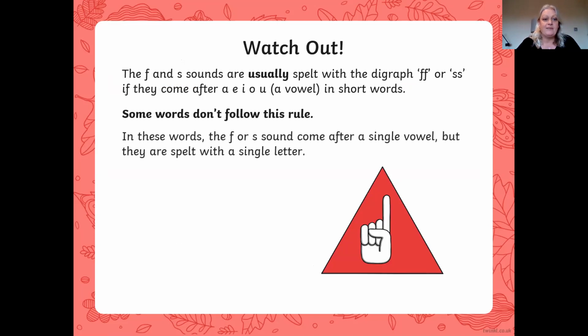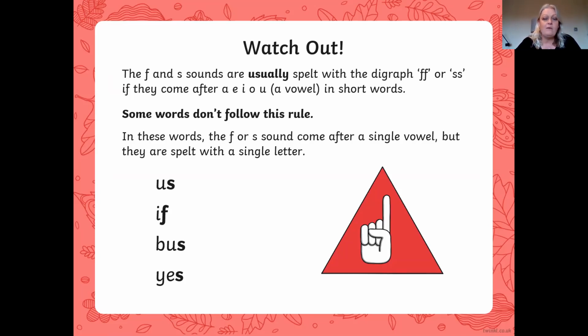Look at these ones. In these words I'm about to show you, you use the single f or s. Let's have a look. So, a is the vowel, s, as. Us. If. Bus. Yes.